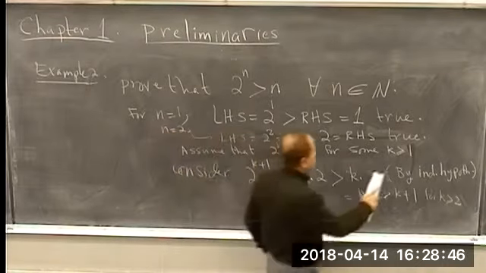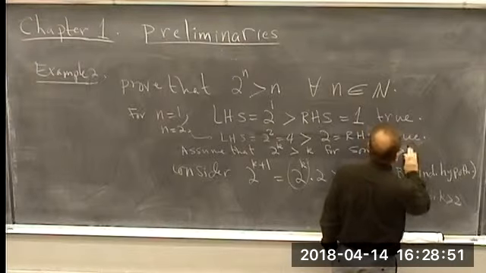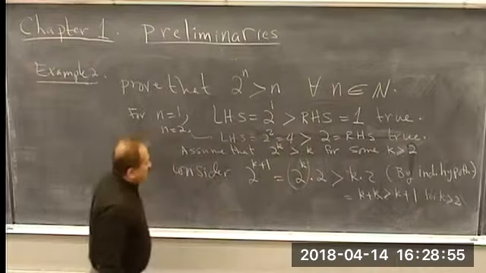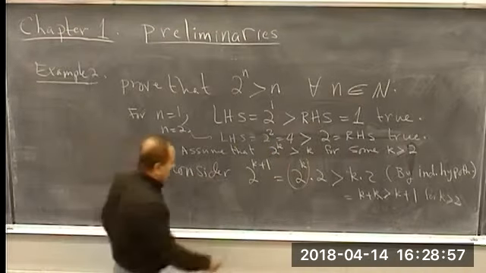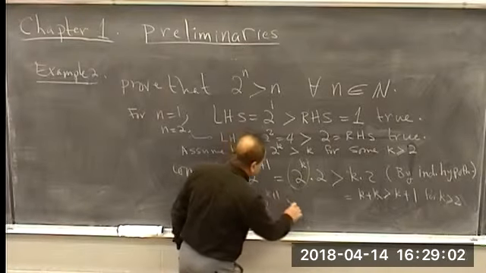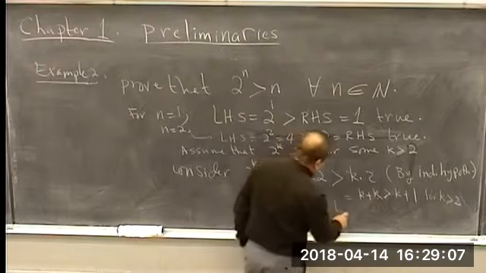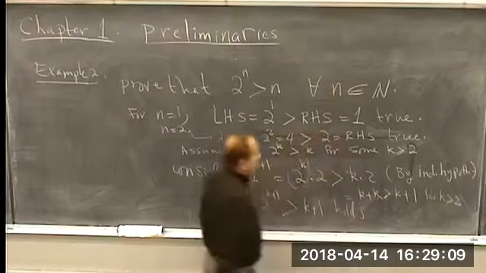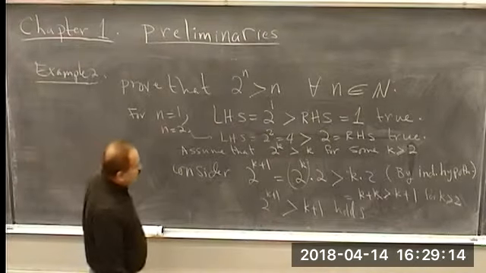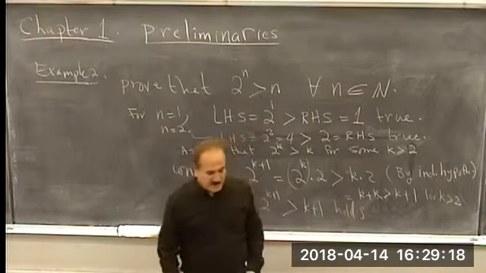Actually, in here, I better put for some k bigger than or equal to 2, because already we proved it for 1 and 2. So let me actually do this. All right, and so what we have shown here is that 2 to the k plus 1 is strictly bigger than k plus 1. This holds. And by the math induction principle, the statement is true for all n bigger than or equal to 1.